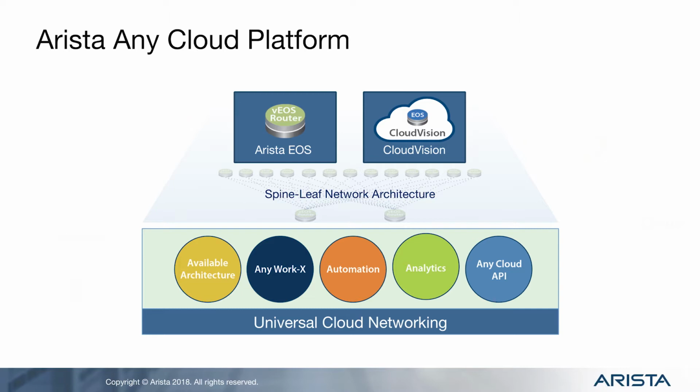A multi-hypervisor and multi-cloud routed architecture based on Arista Extensible Operating System cloud-grade routing connecting any workload, where some reside in the on-premises data center and others reside in the public cloud. Extended telemetry and automation with CloudVision for deep visibility between the data center and the cloud.